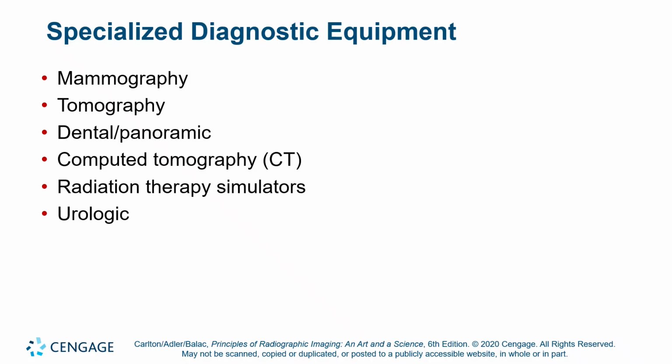The reason is the urologists like to put on a tube angle every now and then, and a conventional fluoro tower doesn't allow for axials, but a urologic fluoro tower does.